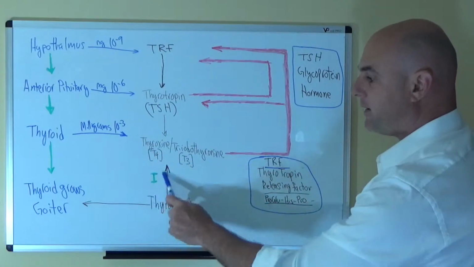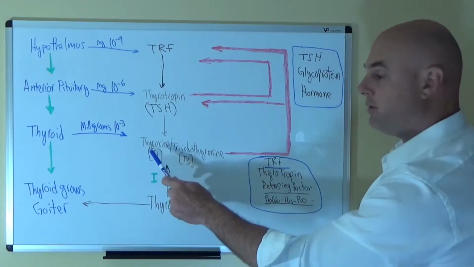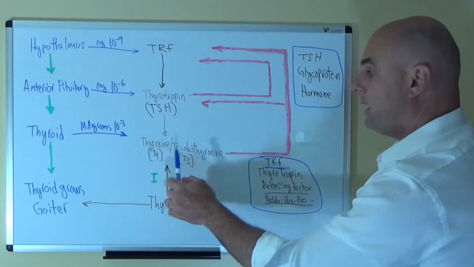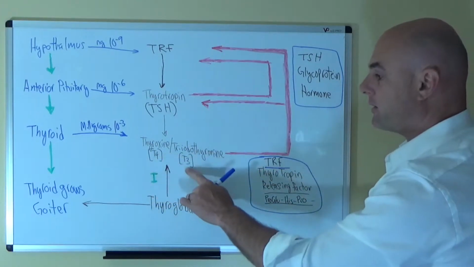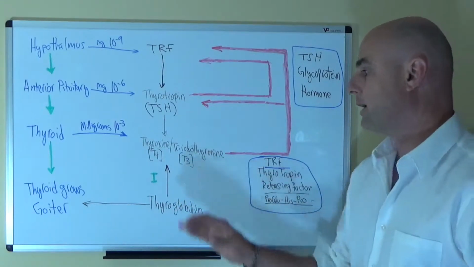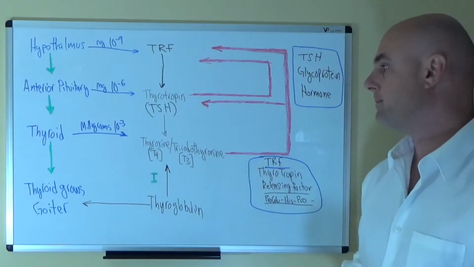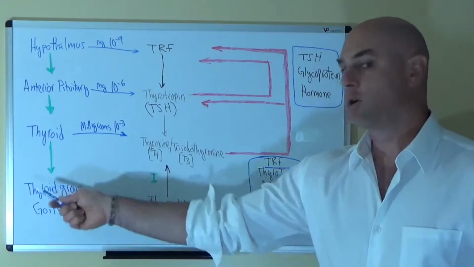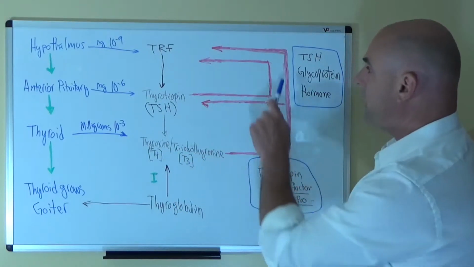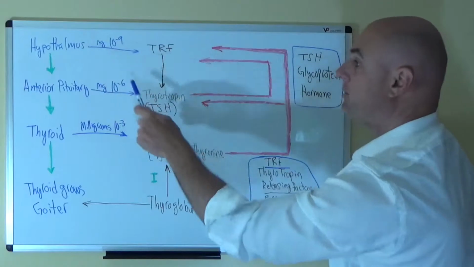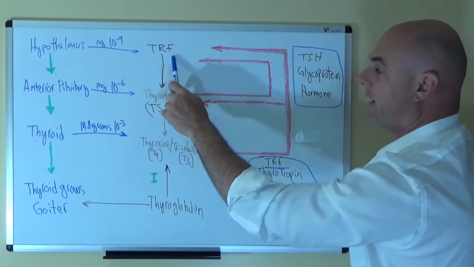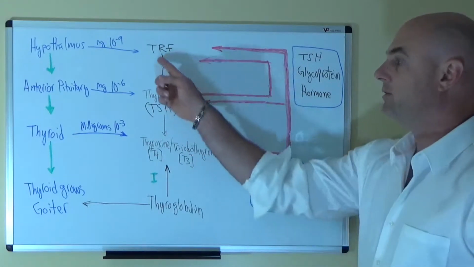So if you don't have enough iodine, you can't produce enough thyroxine and triiodothyronine, because these are 4 iodine for thyroxine and 3 iodine for triiodothyronine. So if you don't have enough iodine, you're going to form a goiter, because T4 and T3 actually go to help turn off the hypothalamus from secreting this TRF, this thyrotropin releasing factor.